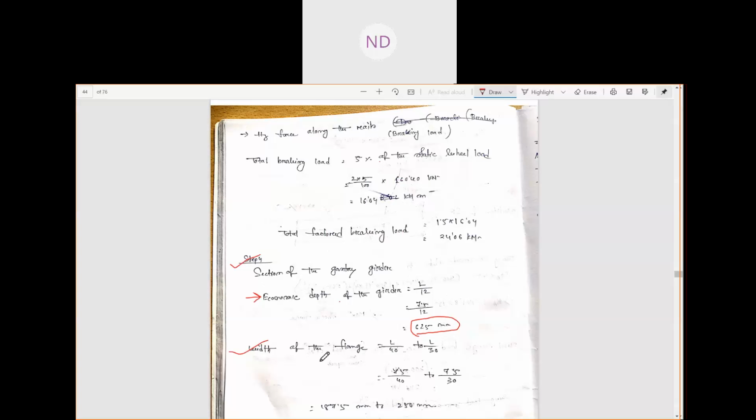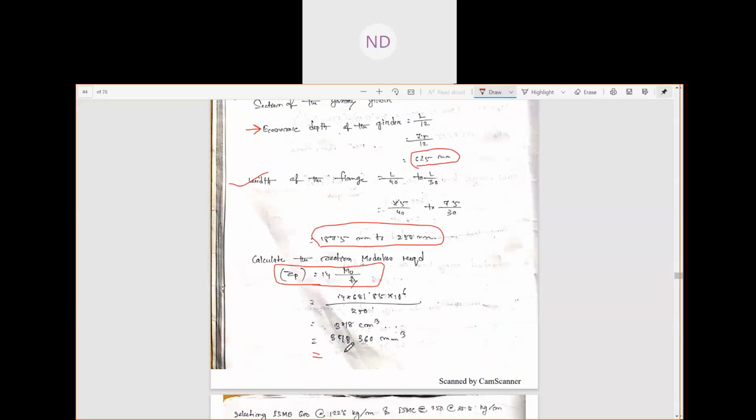If we write this in centimeter cube, let us calculate this.